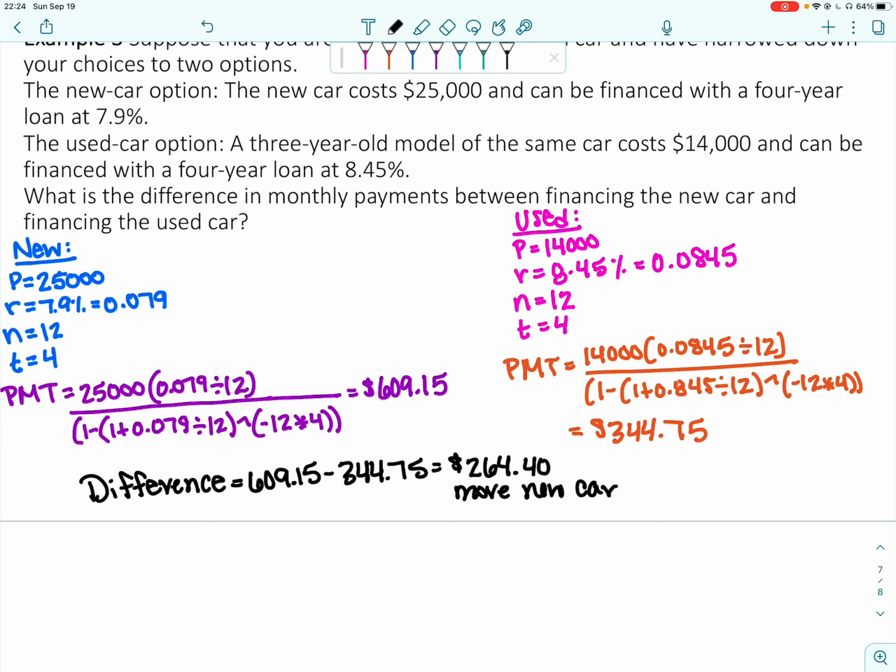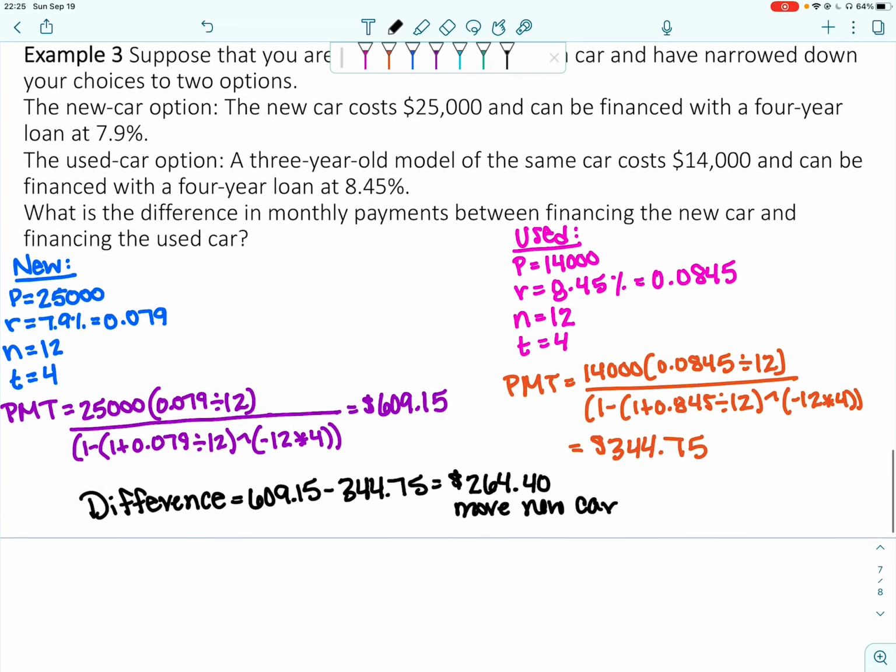So is that worth it? That's your call. Is the new car that much nicer and fancier than a 3-year-old model? Probably not, if it's going to save you almost $300 a month. But that's your call to decide.